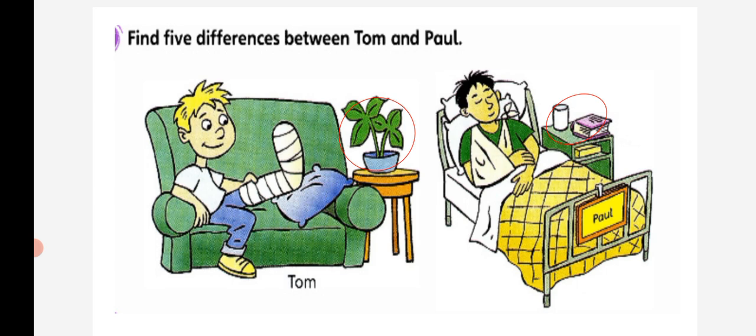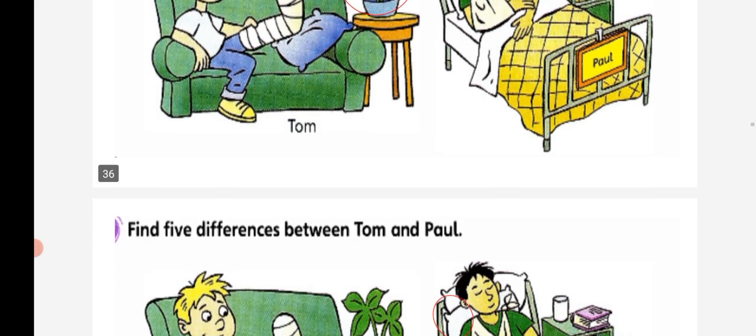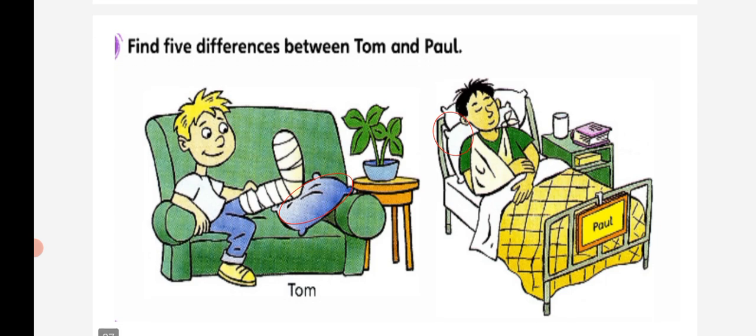So since I circled the plants and what is on the object next to their beds or sofas, I'm going to say that Tom has a plant on a table next to him, whilst Paul has a book and a glass of milk on a cupboard next to him. That's another obvious difference that you are expected to notice.